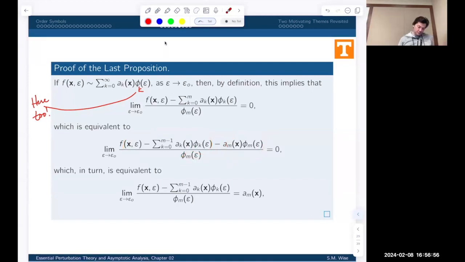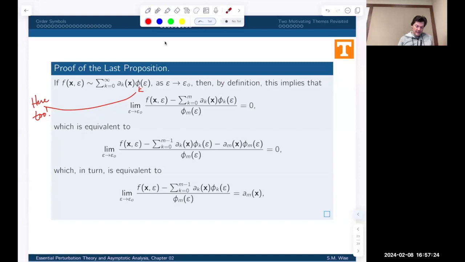Of course, when I divide this by this, the only thing I get is A_m because they're evaluated at exactly the same points of epsilon. And so I just get A_m with a minus sign, so I can move it to the other side. That's independent of epsilon completely, so it can come out of the limit.